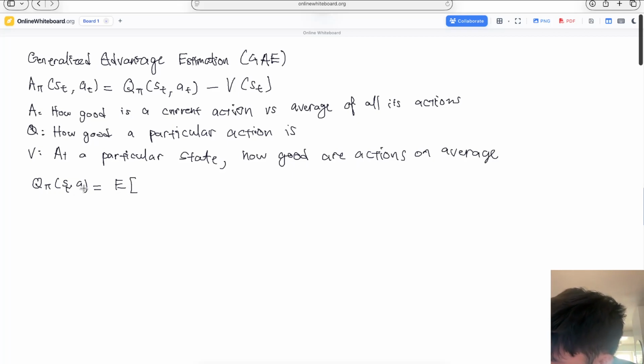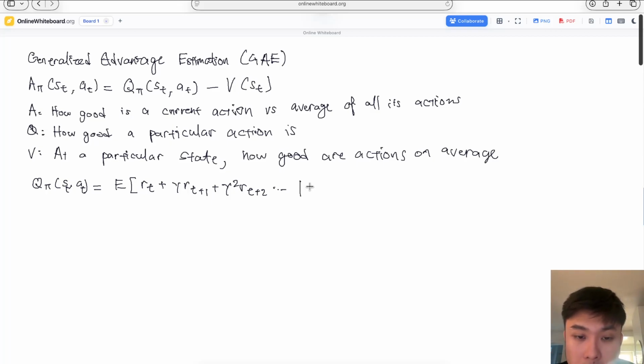At time t, this is defined as the expectation of the reward at time t plus the discounted values of future rewards, given a particular state and action. Again, how good a particular action is is measured by the reward plus its discounted rewards.